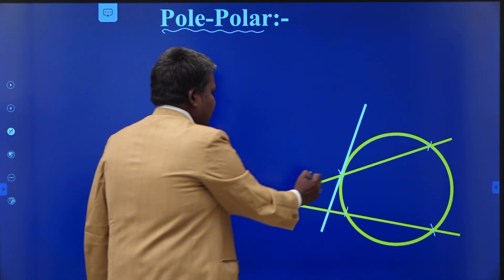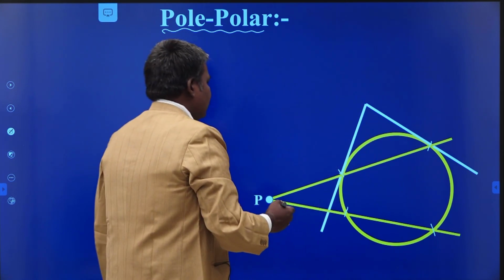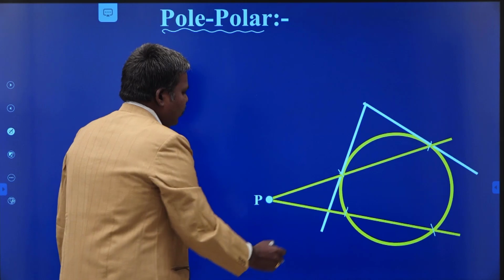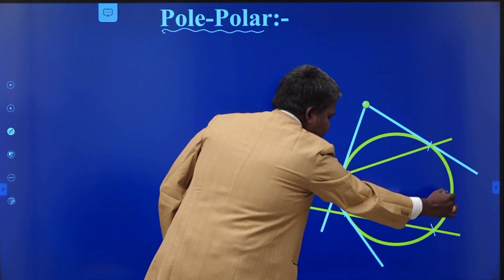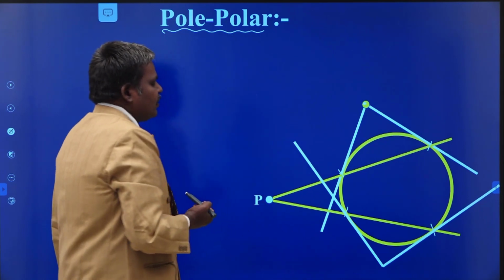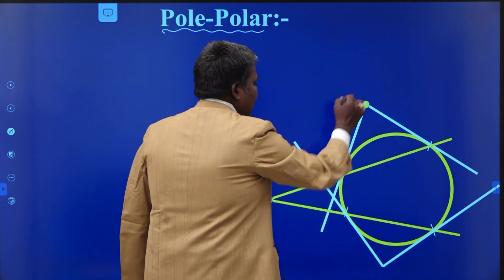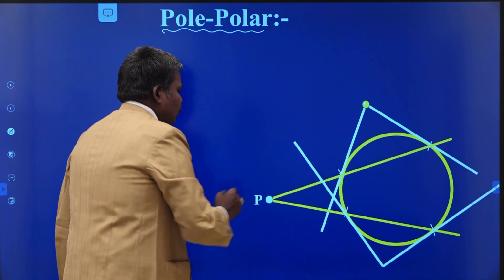This is the tangent drawn at this point, and this is another tangent drawn at this point. These two intersect at this point. Again, I am going to draw the tangents at these points, and this is another tangent drawn to the circle. So we draw pairs of tangents at the extremities of the chords which are passing through our point.